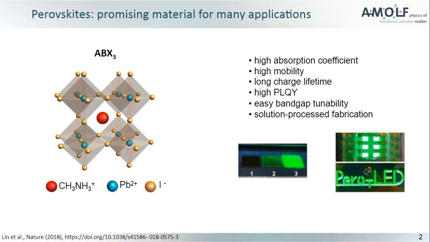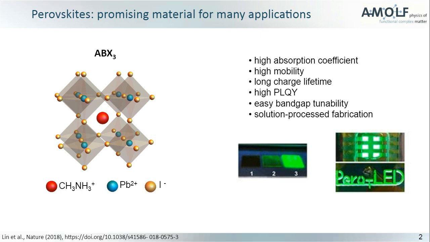That means we can obtain anything in between, for example, the near infrared and the visible, just by changing the halide ratio in the composition, which makes them really unique for making solar cells, tandem solar cells, LEDs, and so on. They are also very easy to process, just by solution, which also opens the way to large-scale production.